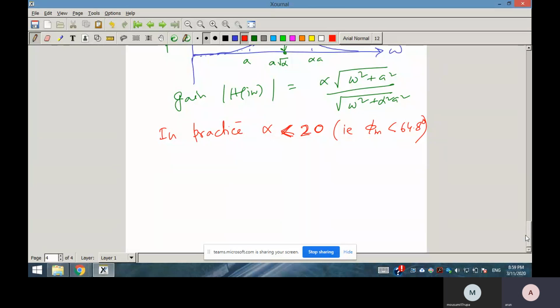If the controller gains are high, then the control effort will be more, and the control input will be noisy; it will be highly sensitive to noise. So normally alpha is less than 20. We have to design in such a way that the phase lead controller provides a maximum phase of around 60 or 65 degrees at most.